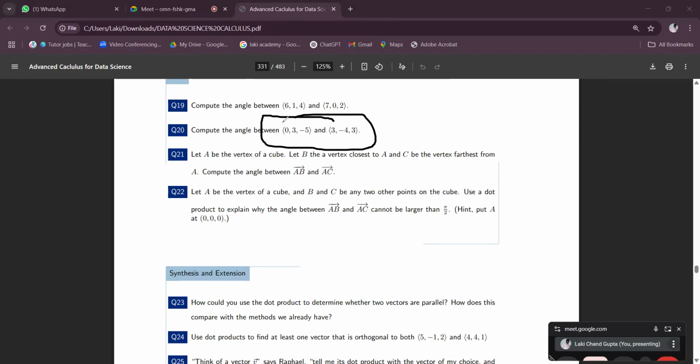Cosine is U dot V over the modulus of U multiplied by the modulus of V. Once we find it, we take the inverse cosine of that value. U dot V is 0 multiplied by 3 plus 3 multiplied by minus 4, which is minus 12, minus 15, minus 27, over the square root of 9 plus 25 multiplied by the square root of 9 plus 16 plus 9.